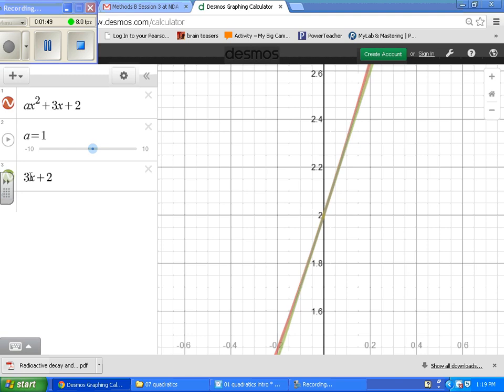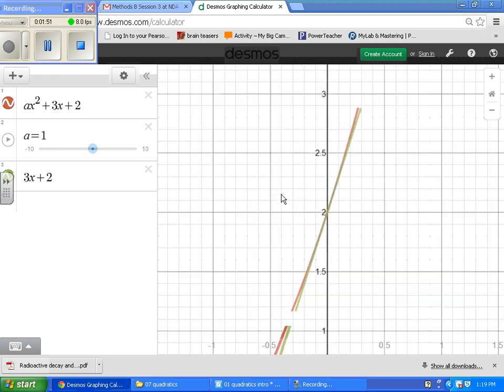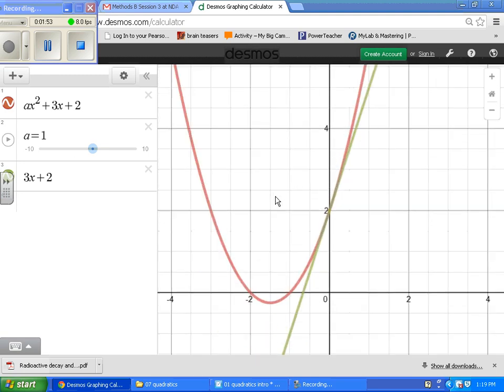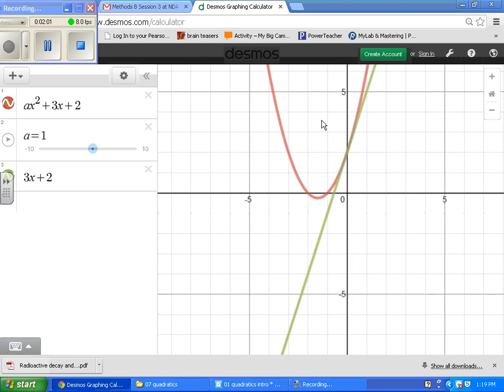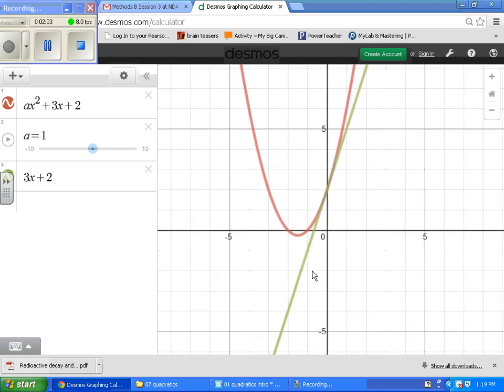But because of the addition of 1x squared, x values that are further away from 0 cause the line to be, again, in this case, curled up. So the idea is the parabola started as a line, but those positive x squared values caused the line to curl upwards, so it's a parabola opening up.